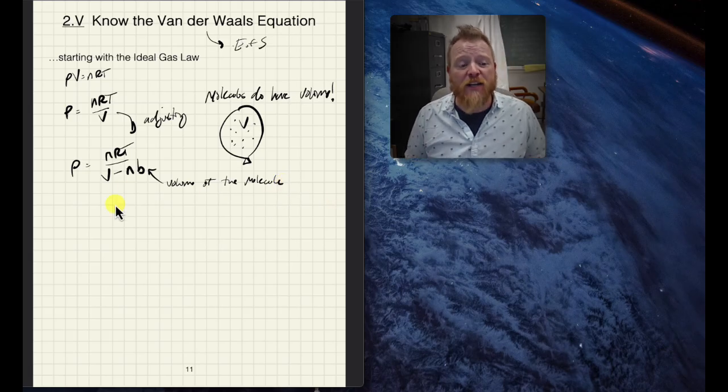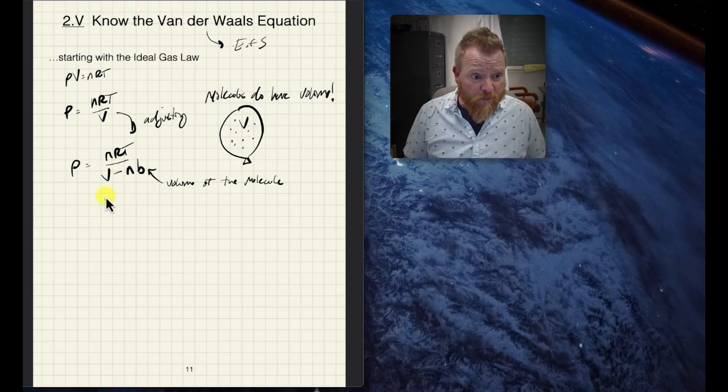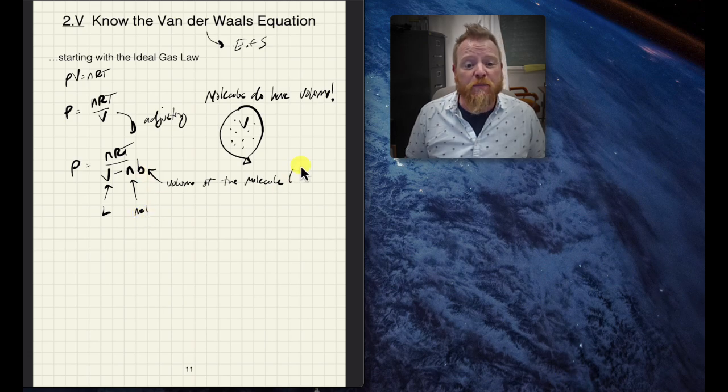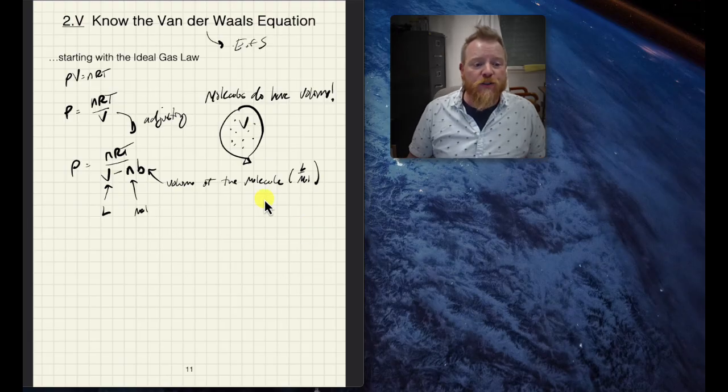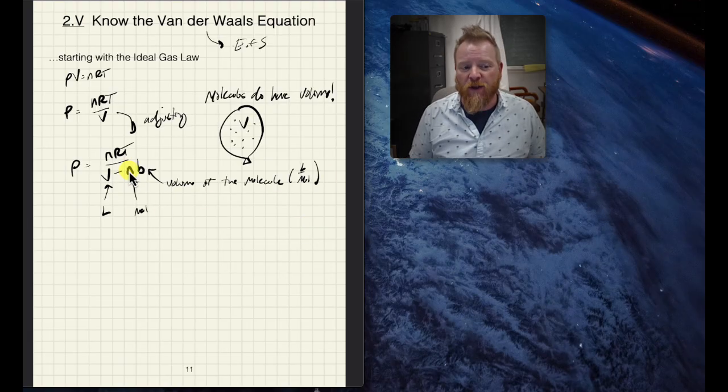So as we might imagine, if we're using liters and atmospheres and Kelvin and so on, if this V has units of liters and we know n has units of moles, this b term has to have units of liters per mole so that we can see the mole and mole units will cancel.